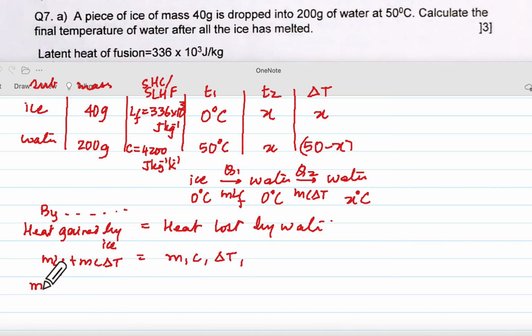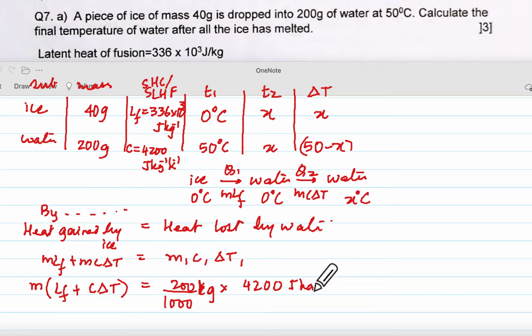So I prefer to do this: M into bracket LF plus C delta T is equal to 200 into, now this is 4200. So shall I make the mass into kgs? Yes, ma'am. So this will be 200 divided by 1000 kg, into C is 4200 joule per kg per Kelvin, into delta T is 50 minus X.